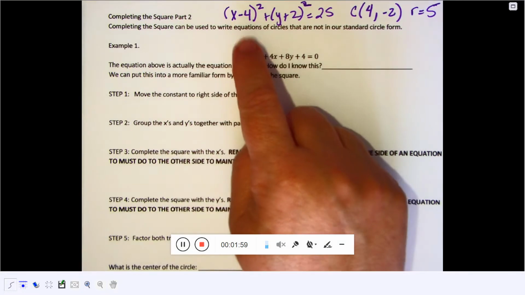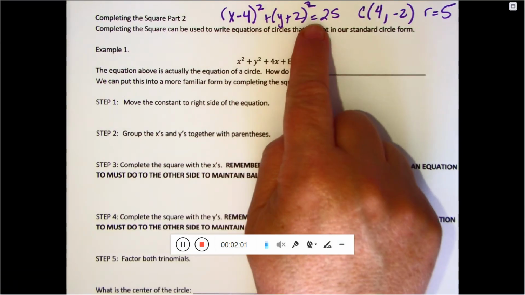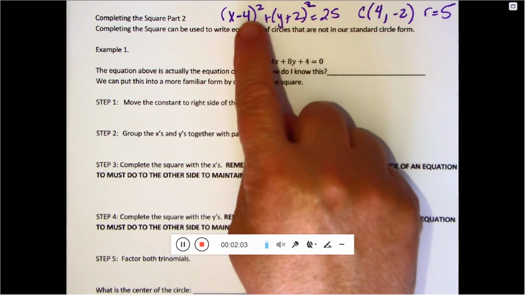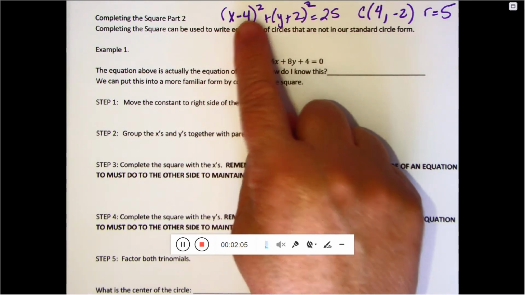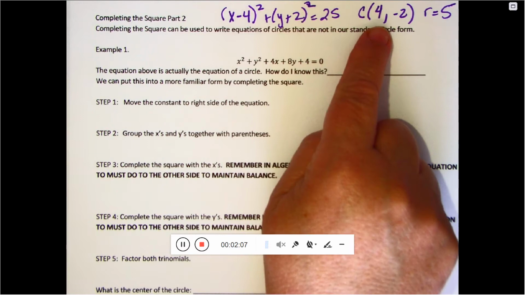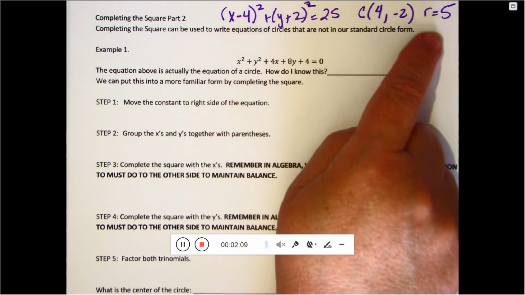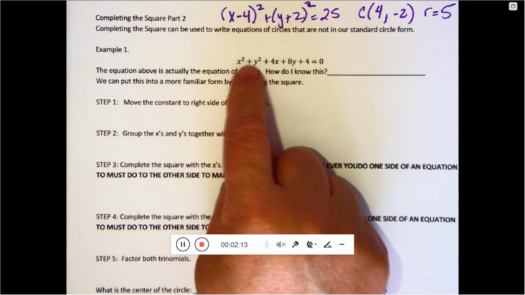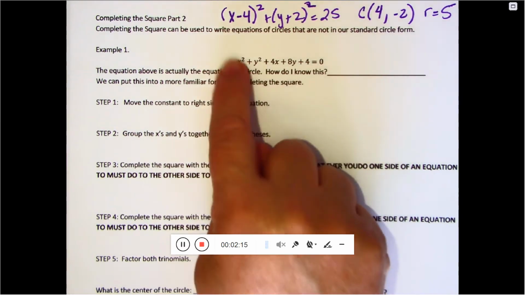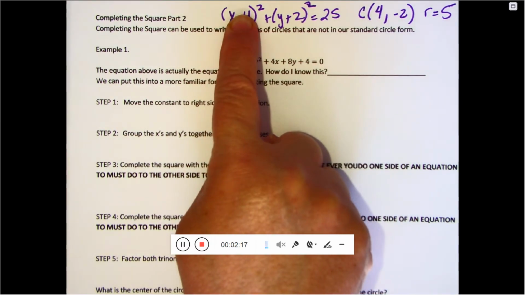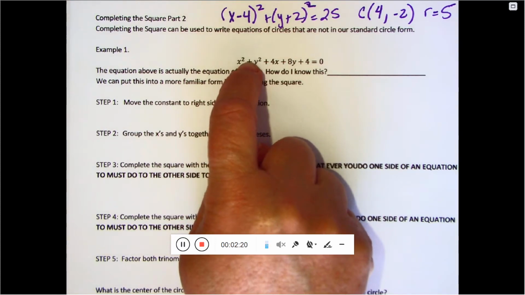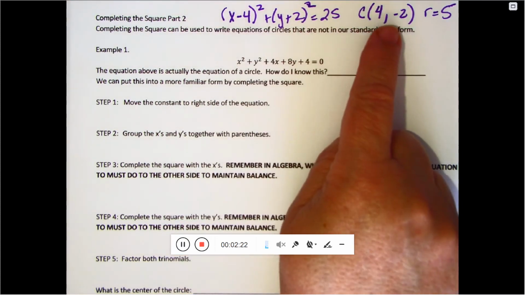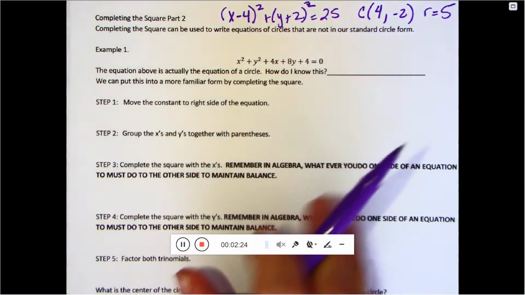When your circle is in this form up here, it's very easy to identify your center by taking the opposite of that number and the opposite of that number and square rooting that to get your radius. So what we have to do is take this equation and put it in that form. Once this equation is in that form, I'll be able to identify my center and my radius.